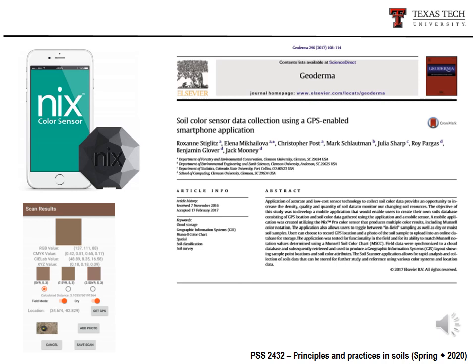You can use the Nix color sensor and a new app, and so you can take a picture, you can scan the soil surface, and you can easily convert the Nix color parameters to the Munsell color system.